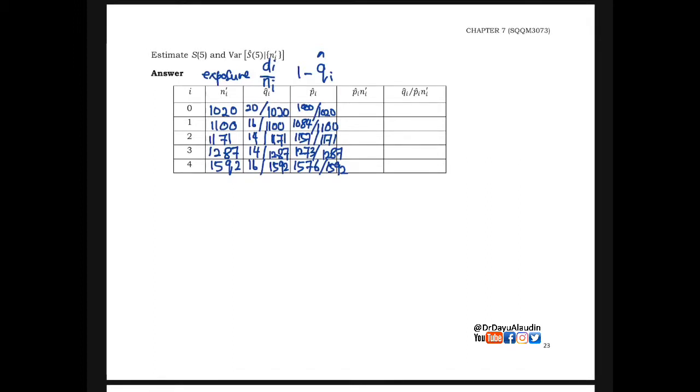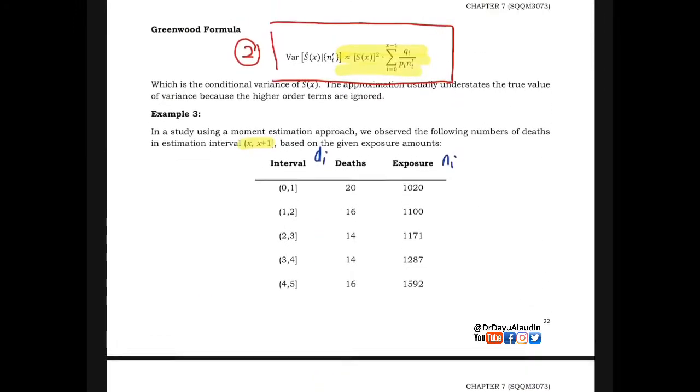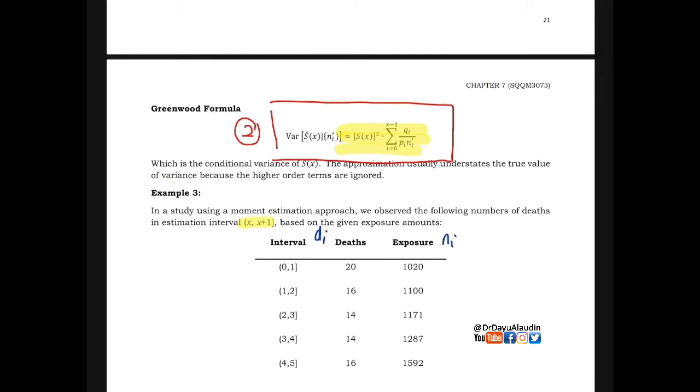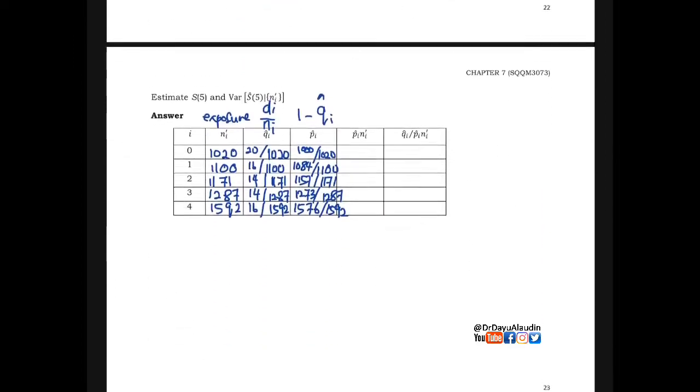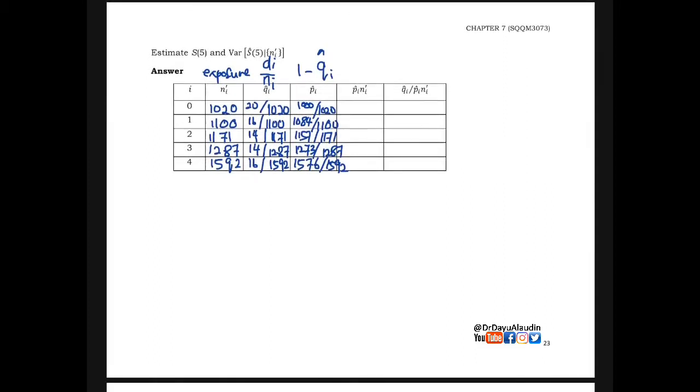And then you multiply Pi with Ni. Why? Because we want to use this formula. So we have Pi times Ni for the denominator. So it's easy now to find the Pi times Ni. So we got 1000 here.